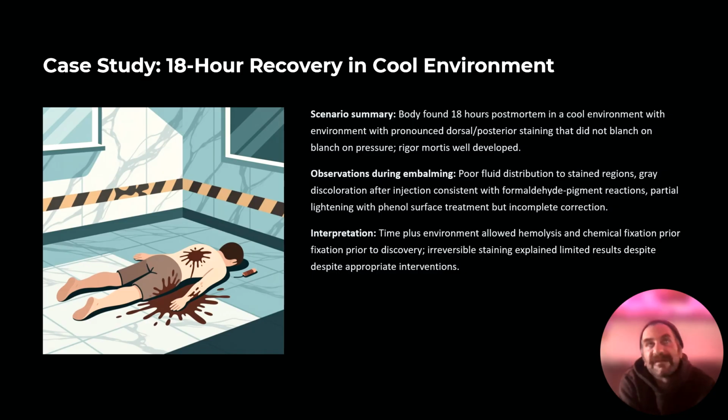Of course, this is going to give you embalmer's gray, because the formaldehyde is reacting with the stained tissues. Phenol packs lighten the color. The correction was incomplete because the pigments were chemically bound. So again, you really can't do a whole lot. It just kind of comes down to cosmetics.